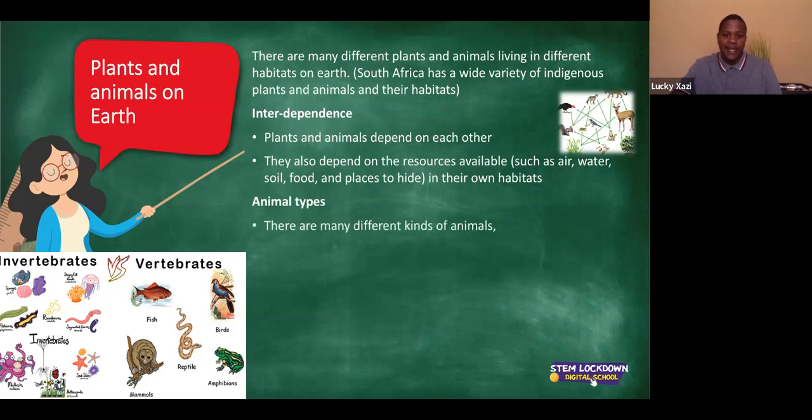Animal types. There are many different kinds of animals on Earth. Some have bones and some have a harder outer covering, just like a snail. A snail has a hard shell, and a tortoise has a hard shell.